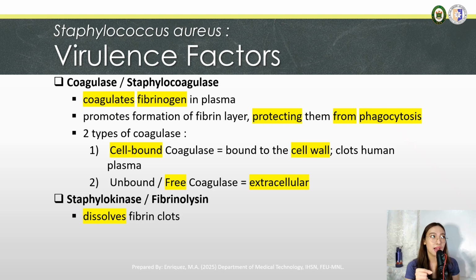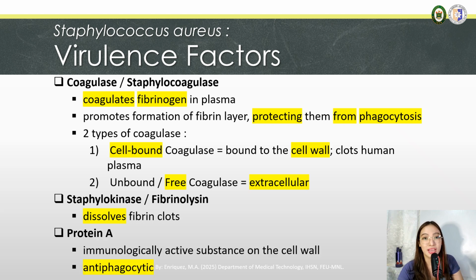So hindi sila makakapag-move from one infected cell to another. So after nilang maiwasan yung phagocytosis, kailangan din po nilang makaalis doon by dissolving the clot with staphylokinase. So, staphylokinase helps Staph aureus to cause disseminated infections instead of just being localized.